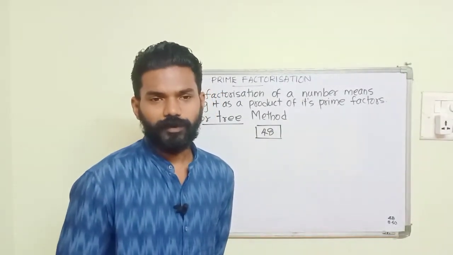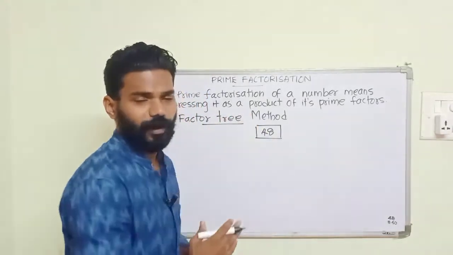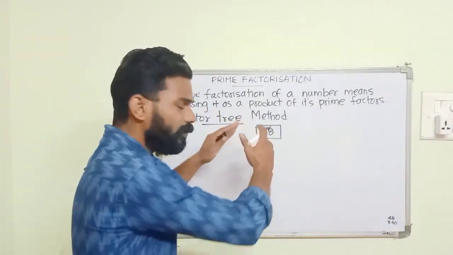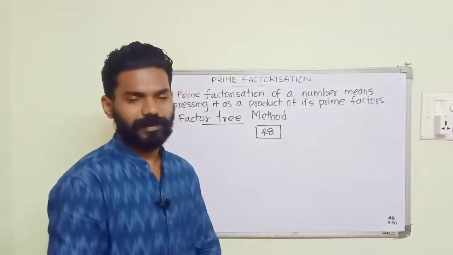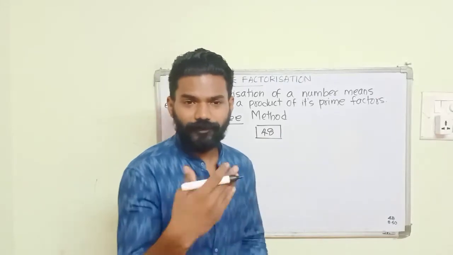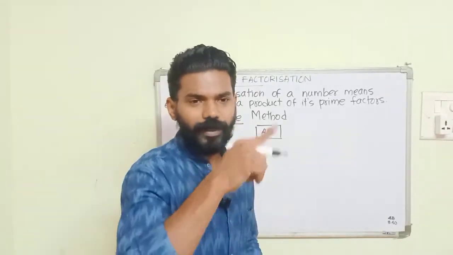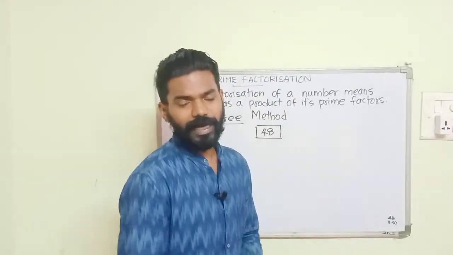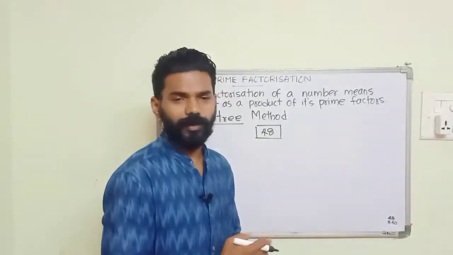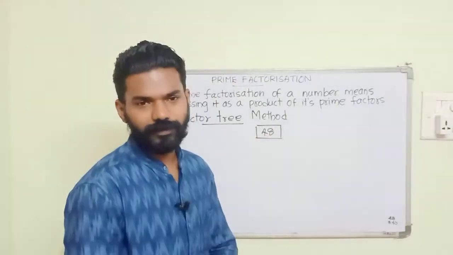Now what we do is we split this 48 into different factorizations, and if a prime number comes up, then we will round it, and if there are composite numbers, we will put them again in rectangles.